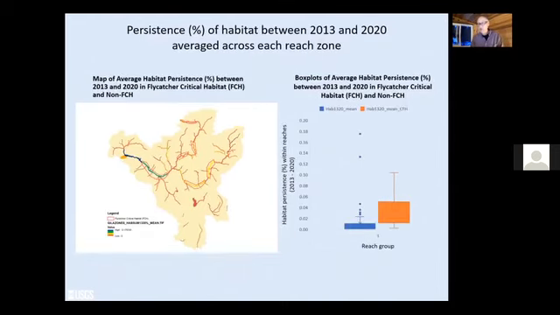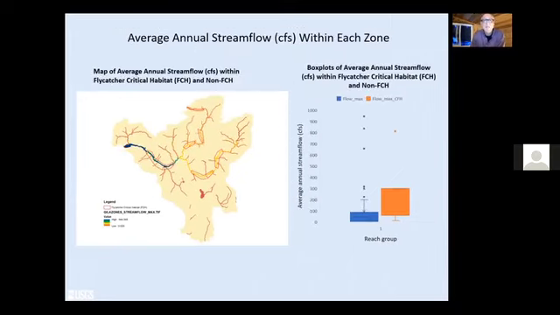And then the third predictor variable, all derived from the normalized difference vegetation index, persistence. So what we did was measure persistence across those 60 reaches and within those 2 groups, critical flycatcher habitat and non-critical. And you can see that predicted habitat persisted for much longer periods in the control group than the non-control group. That's the first time that I'm aware of that type of analysis has been done.